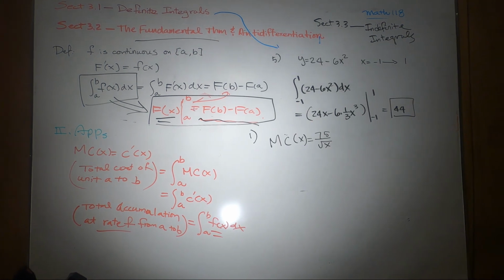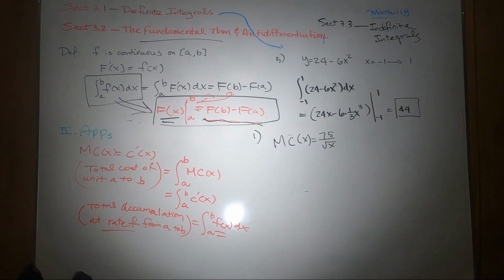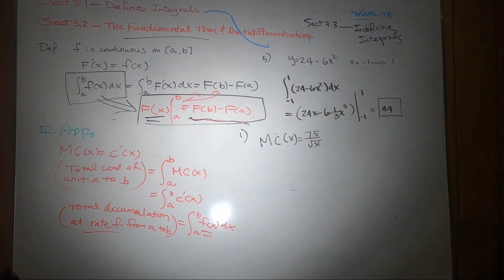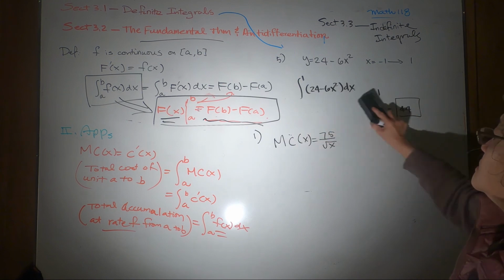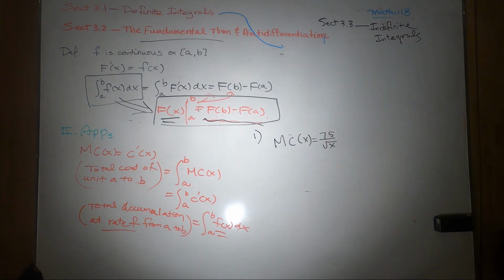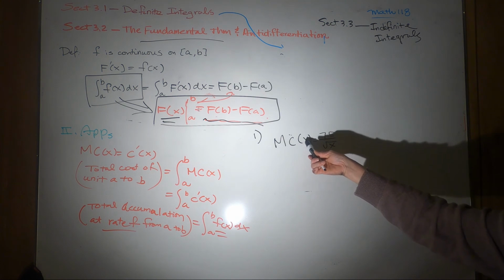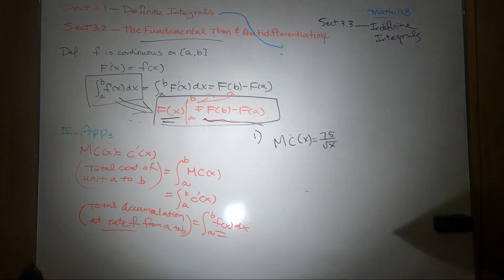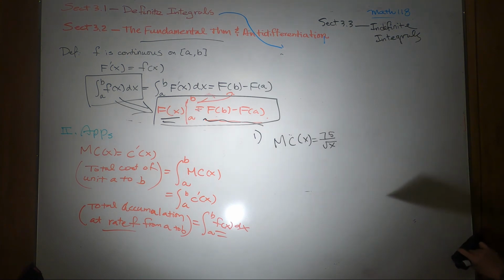Somebody did a study and developed this marginal cost function. What does that mean? If you produce one more unit at a time, how much it will cost you, okay?